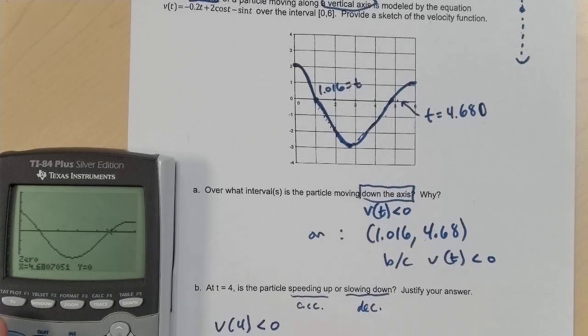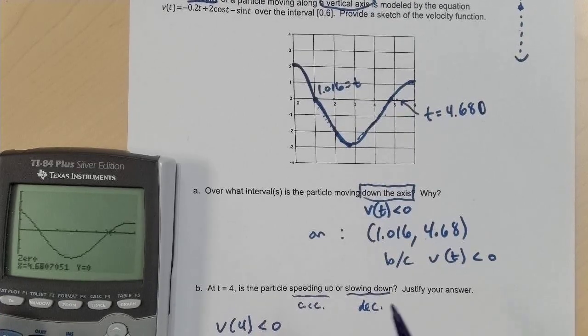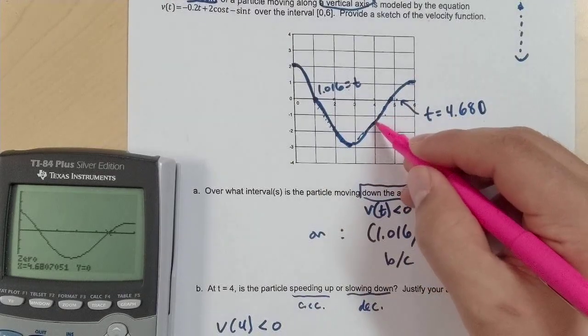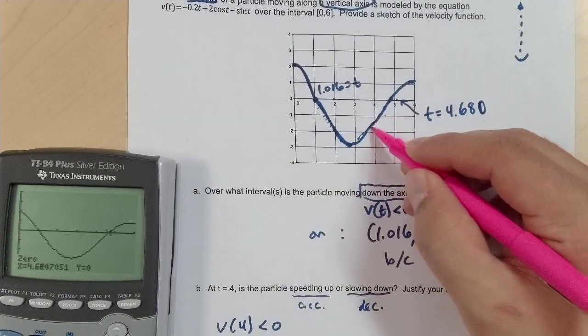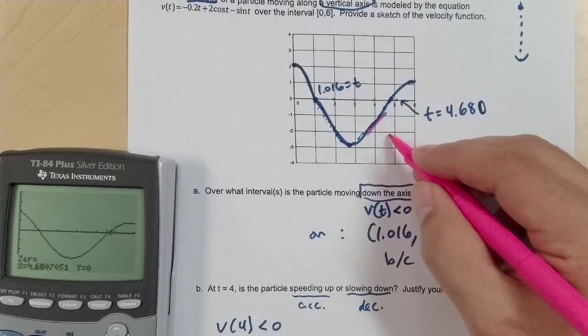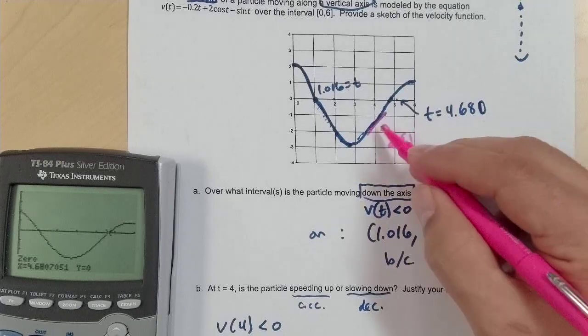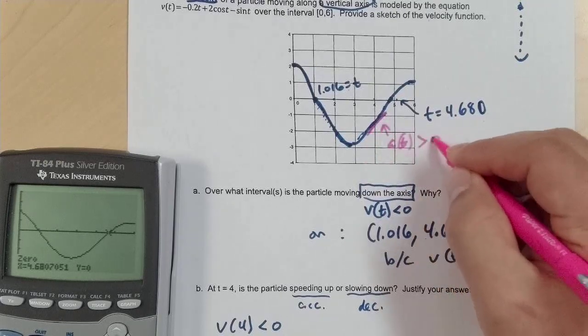The acceleration, which is the slope of the velocity, you can see right here that at 4, my acceleration, which is the slope of the tangent line here, is positive.